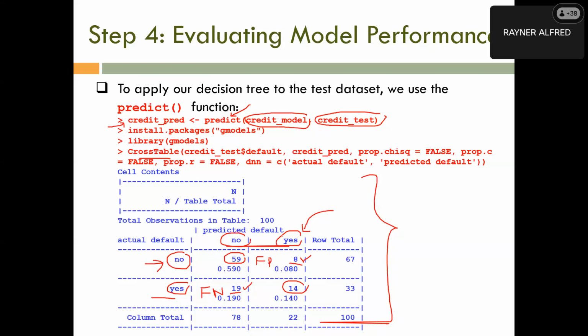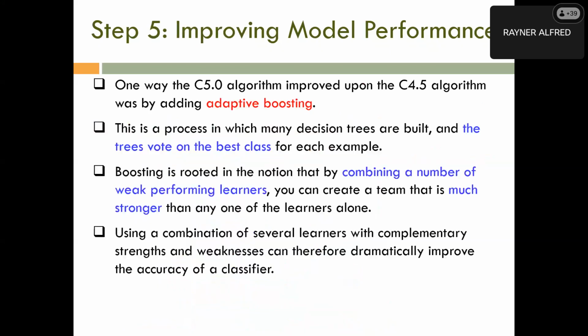Because this is considered as yes, positive, but they are false. This is considered as no, or negative, but they are actually positive, so false negative here. So we want to reduce this error. What we can do is have many trees. Okay, so how do we improve?